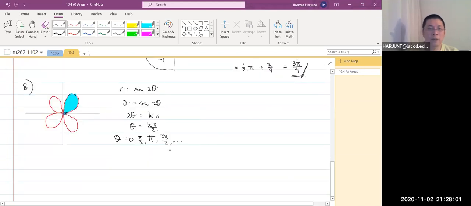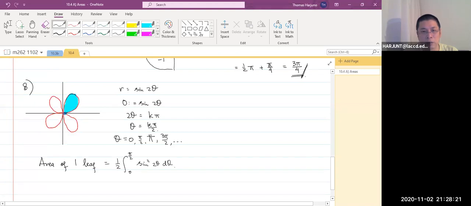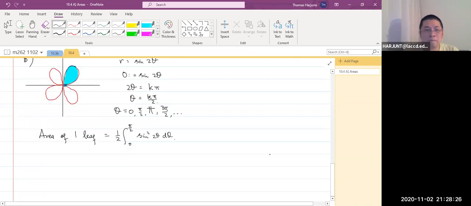So for one leaf, the area of one leaf will be 1/2 integral from 0 to pi over 2 of sine squared 2 theta d theta. That equals 1/2 times 1/2 integral 0 to pi over 2 of 1 minus cosine 4 theta.